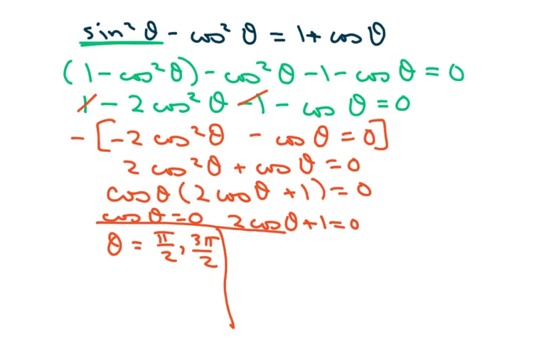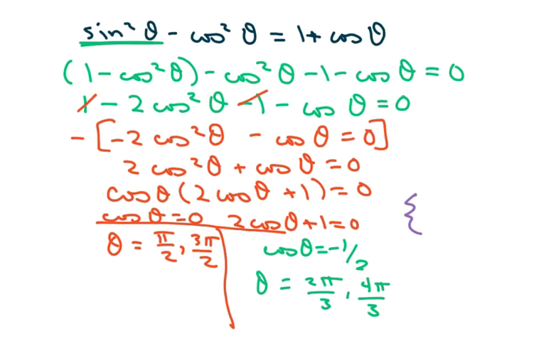The right side, we're going to have cosine of theta equals -1/2. So theta will be 2 pi over 3 and 4 pi over 3. Setting up our solution set, you just write them all down as pi over 2, 3 pi over 2, 2 pi over 3, and 4 pi over 3. And that is your answer.